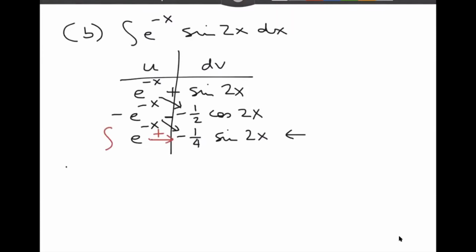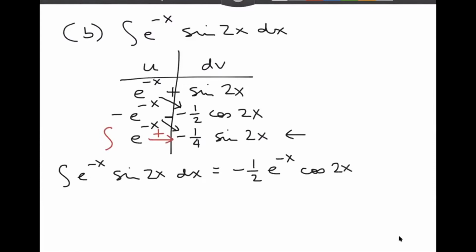So let me show you what that looks like. We have the integral of e to the negative x sine 2x dx is equal to negative 1/2 e to the negative x cosine 2x. I better be careful here. We have triple minus, right? 1, 2, 3.